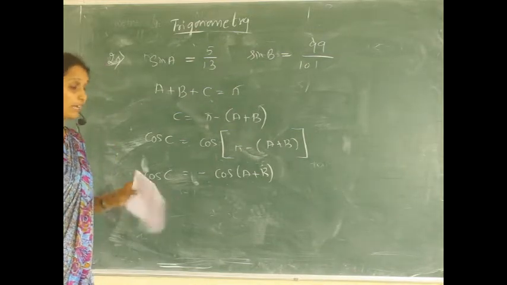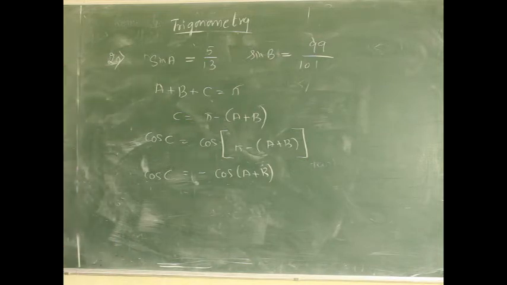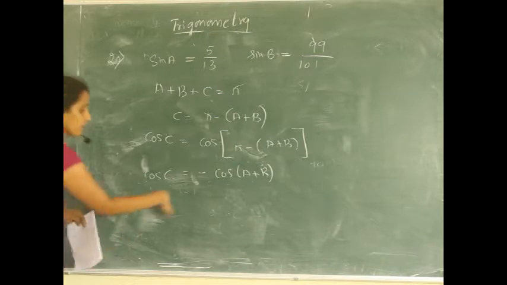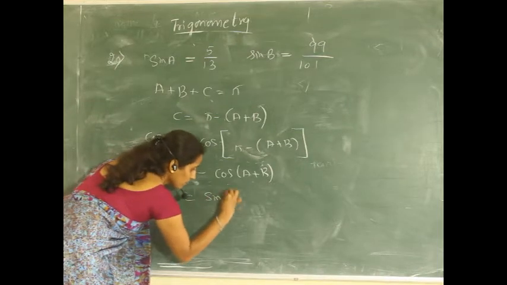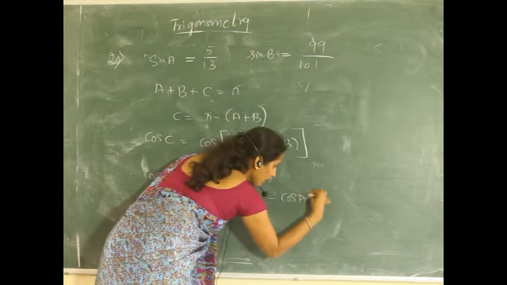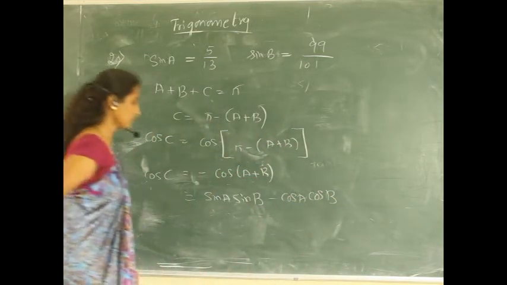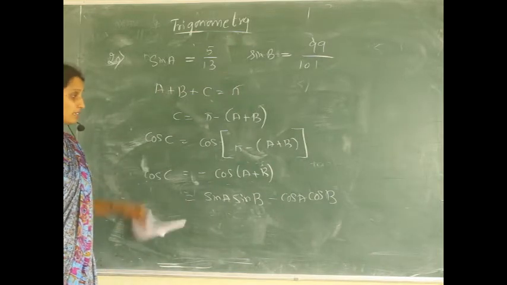The cosine of the third angle means cos C, so cos C is minus cos (A plus B). Now we have to find cos (A plus B). We know the formula: cos (A plus B) is cos A cos B minus sin A sin B, but it is minus of cos (A plus B).